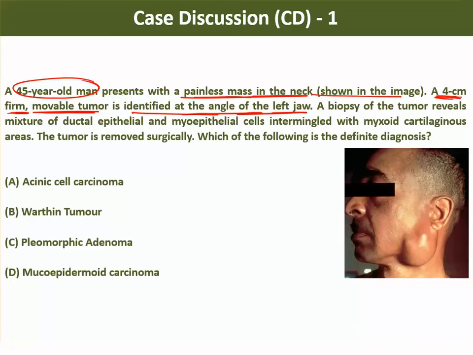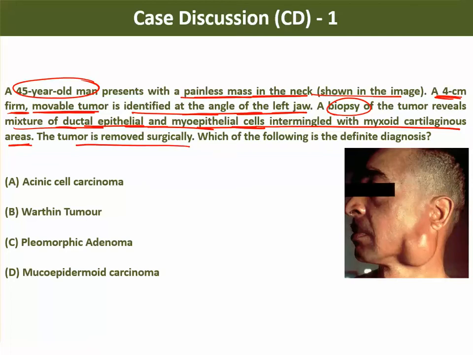Then a biopsy has been done, and the tumor showed a mix of ductal epithelial cells and myoepithelial cells intermingled with myxoid cartilaginous areas, which means it's a mix of epithelial and myoepithelial cells along with cartilage areas. It is an investigation finding, and they removed the tumor surgically.